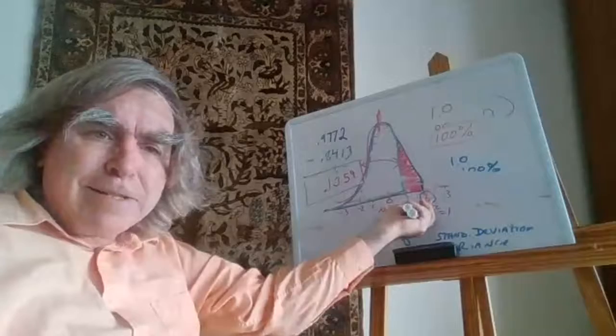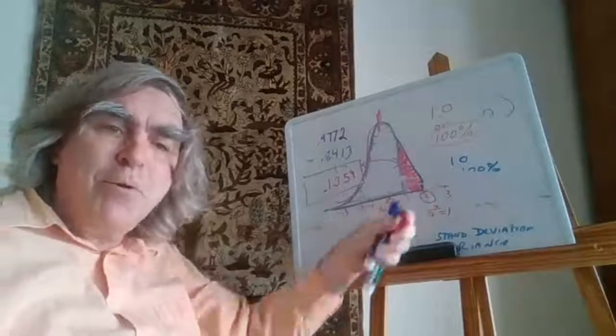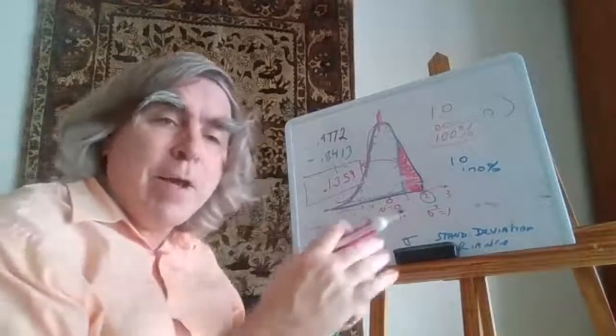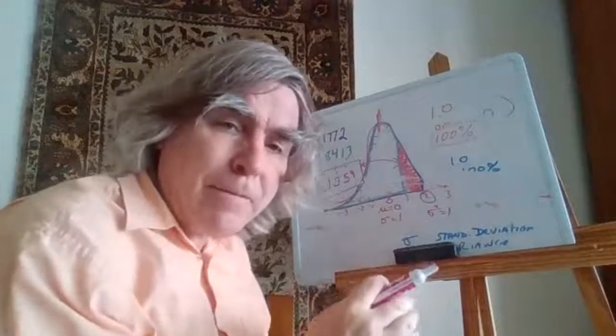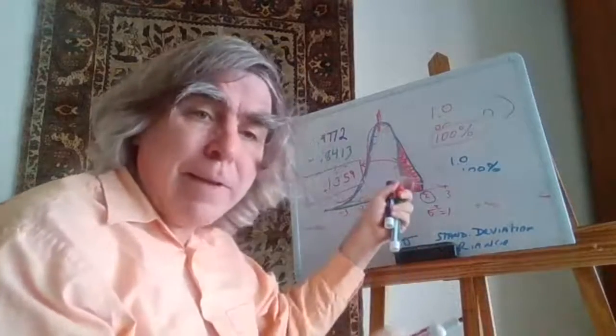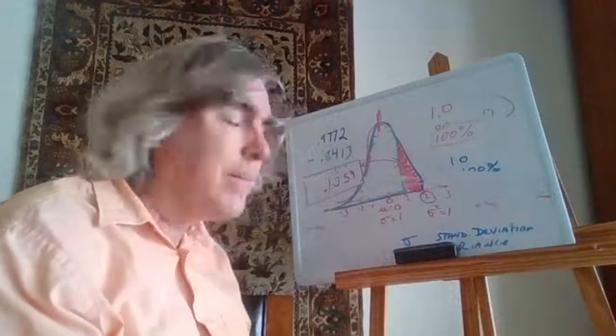the book isn't going to ever tell you from 1 to 2. You're going to have to take what the book gives you and create from it the area that you're interested in.